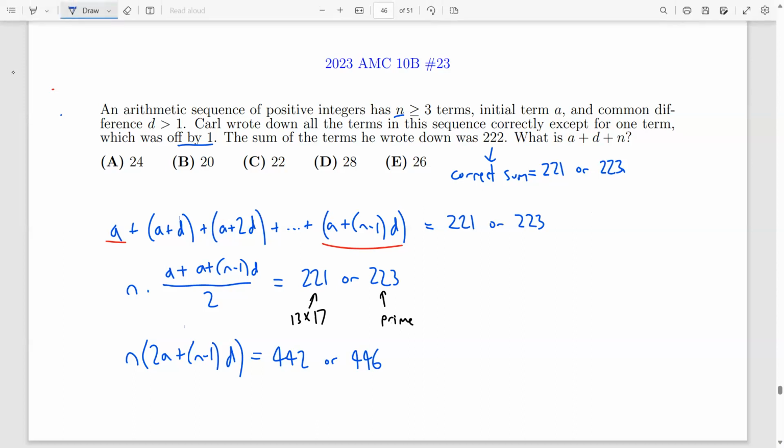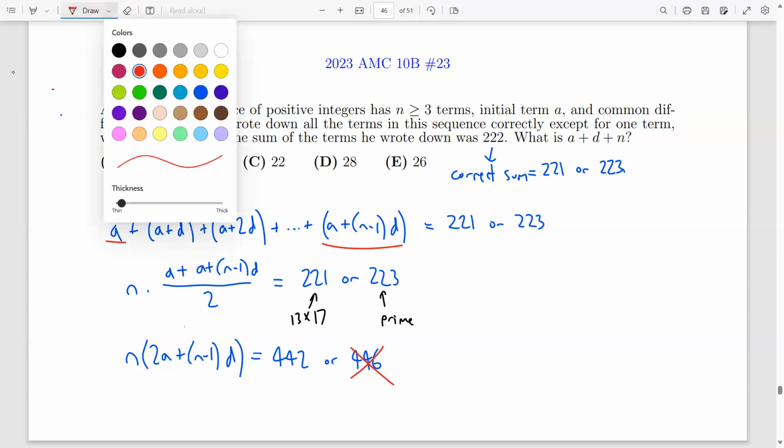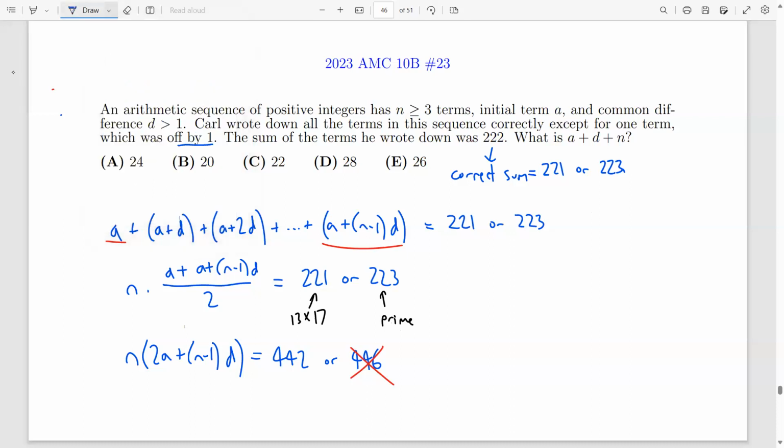So the sum cannot equal 446, because the only possibility would be n equals 2, but we're given that n is at least 3. So therefore n times (2a plus (n minus 1) times d) has to equal 442.